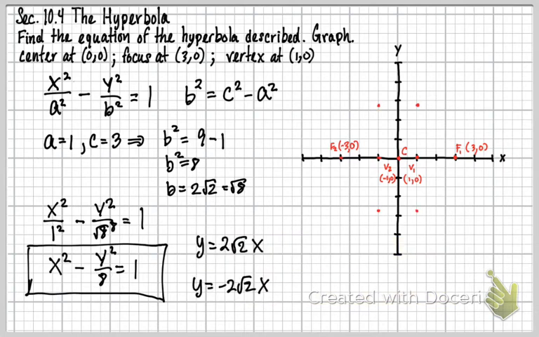Now I just wanted to show you that I actually put in the up 1. I mean, 2 root 2 is about 2.828, blah, blah, blah. So down here I'm going to have a negative 1. So that means I go up about 2.828, and then I go to the right 1.